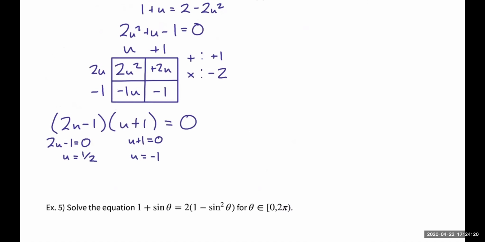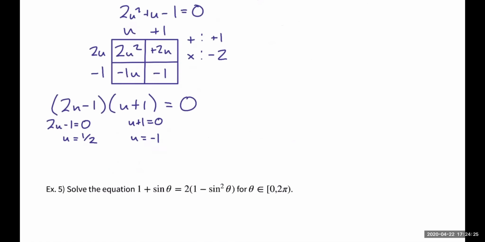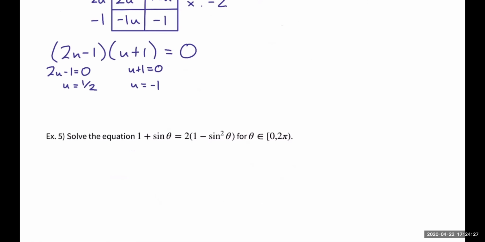Remember that we had u is equal to sine theta. So I'll just sub that back. So sine theta is equal to 1/2, and sine theta is equal to -1.